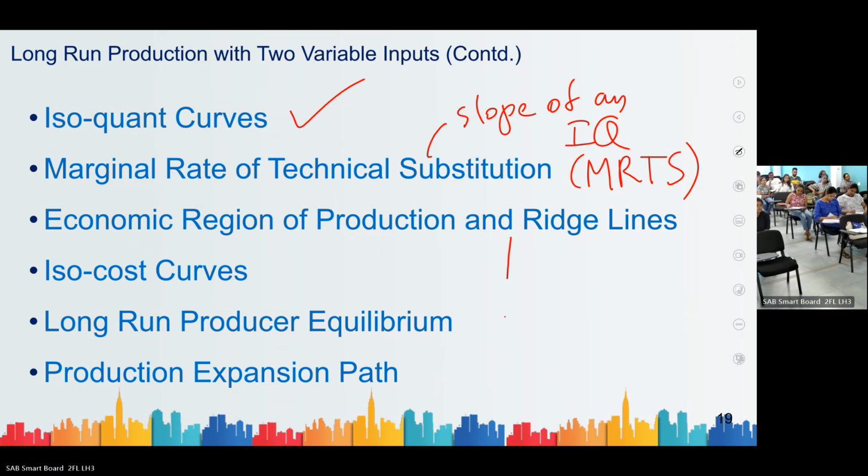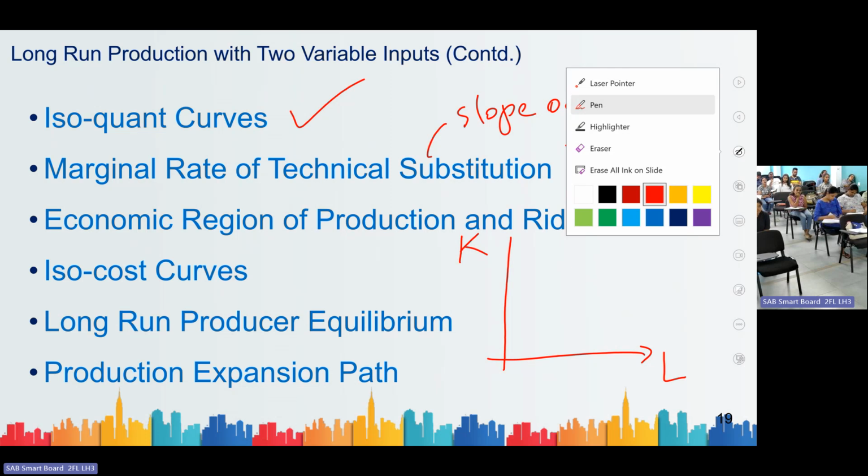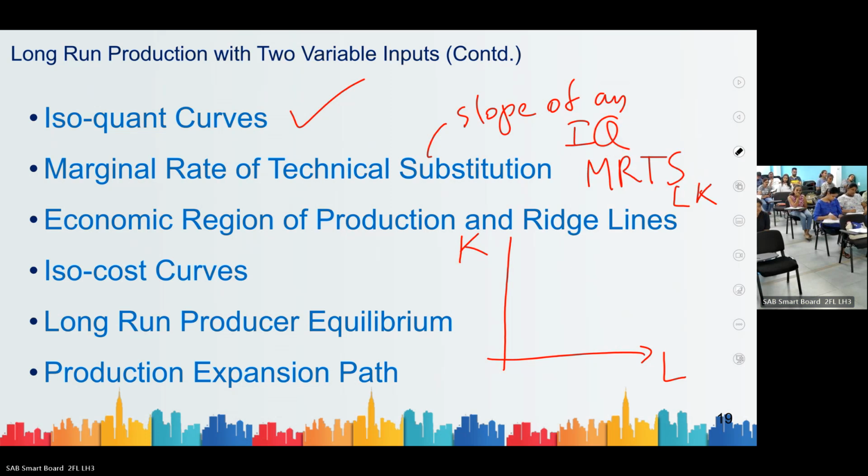If we draw labor on the horizontal axis and capital on the vertical axis, this is the marginal rate of technical substitution of labor for capital.